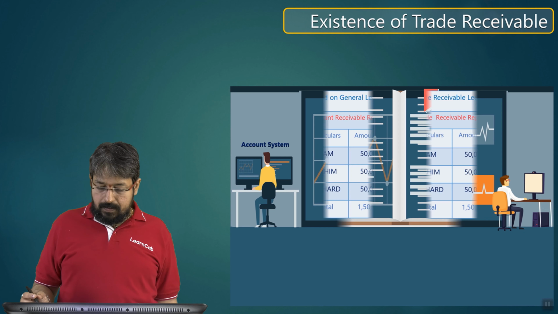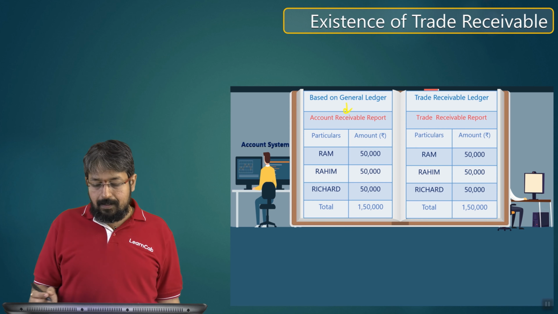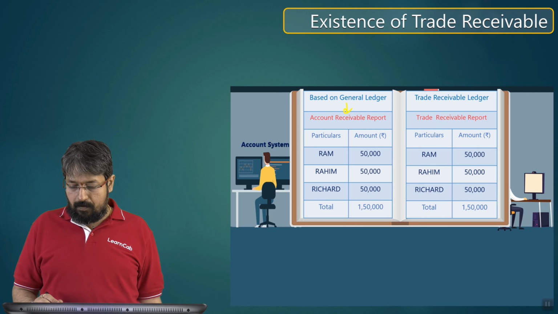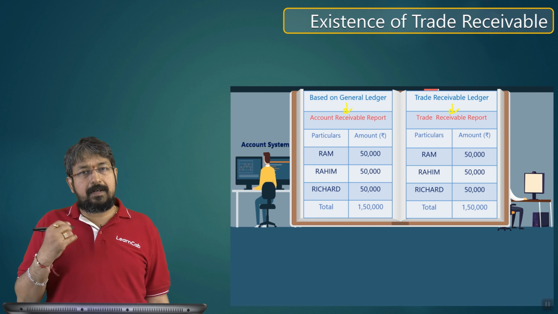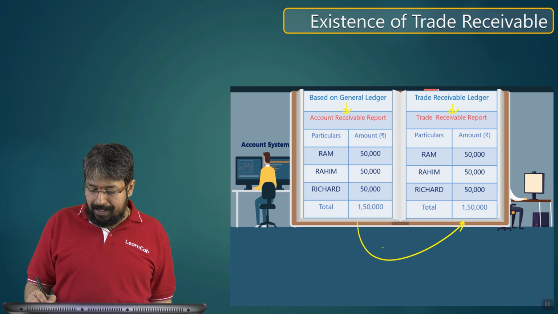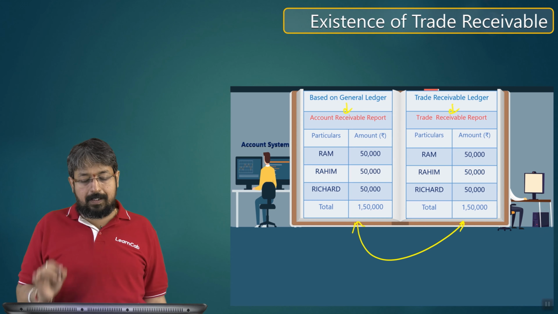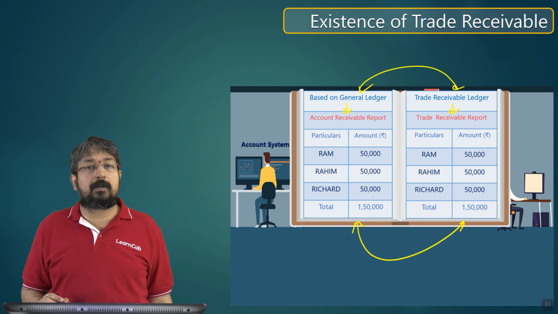Further, my dear soldiers, let us take up another scenario. Based on the general ledger, we will generate an accounts receivable report. There will also be a trade receivable ledger, so a trade receivable report will be generated. There should be a proper reconciliation between the general ledger and the trade receivable ledger.